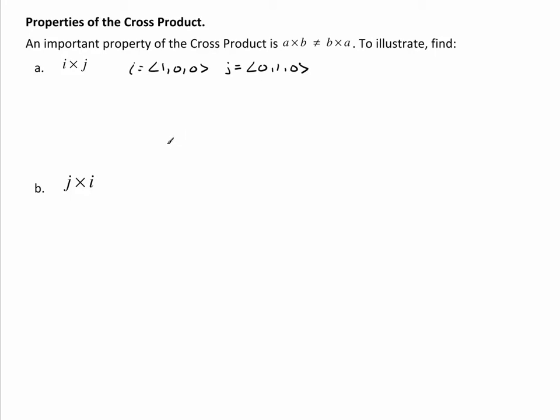So, if I were to draw these on a set of axes, here's my x, here's my y, and based on the right-hand rule, here's my z. Now, I comes out here, this is vector I, and j comes out here, a distance of 1. This is vector j.